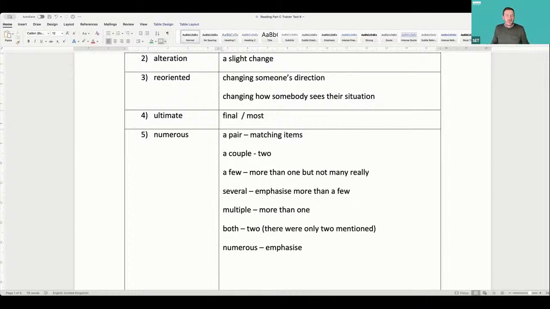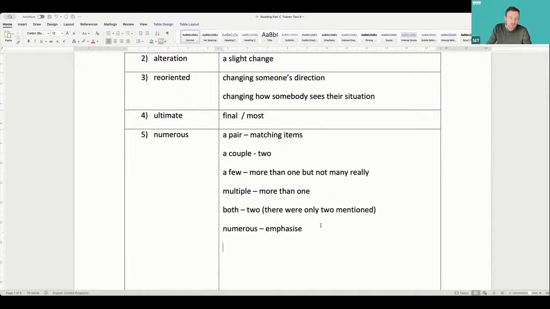It never means 2, and it never means 3. It could mean 4, but it's what you're emphasizing. You're basically doing the same thing with several as you are with numerous. You're emphasizing that it's more than a few. It's not a real number.